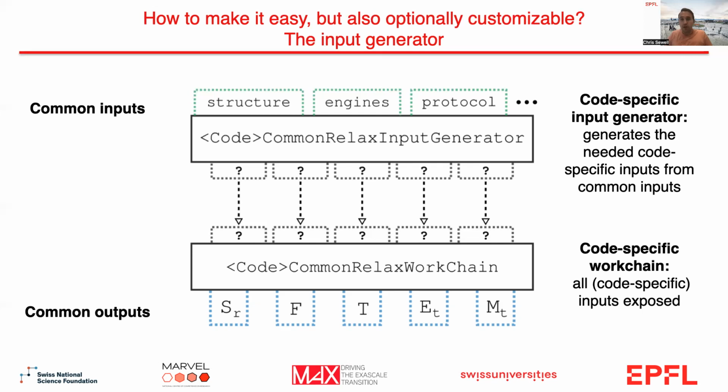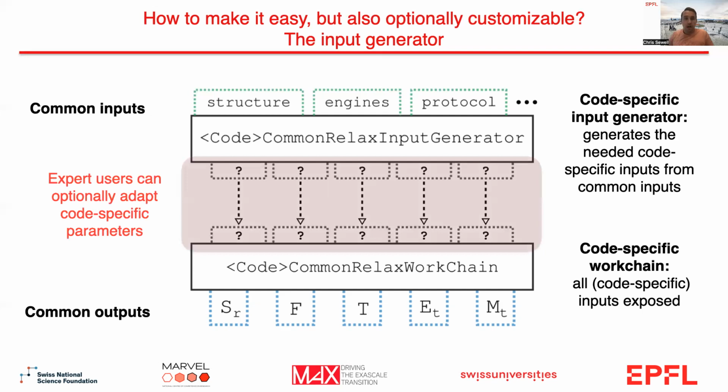A non-expert user would just use the two as a black box. We just set the common inputs, take whatever the input generator generates, pass it to the relaxed work chain, and then look at the common outputs. But an expert user could then go in, look at this intermediate output, and change them at will with anything they want.